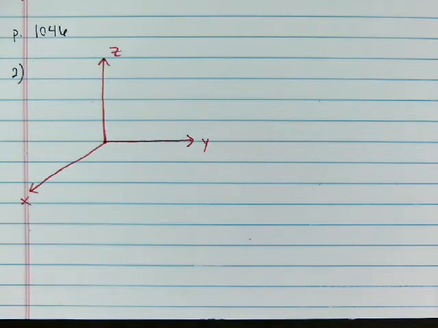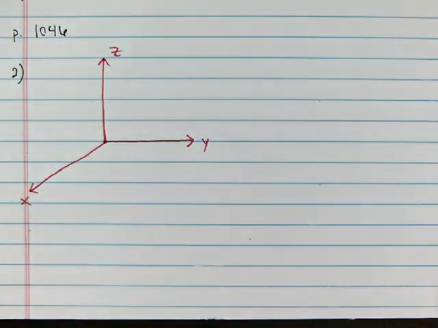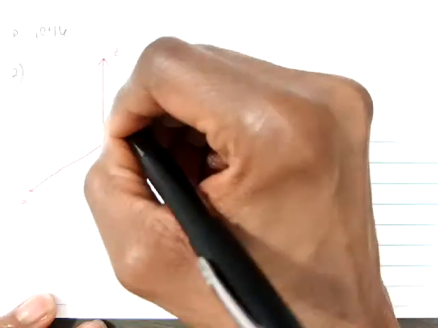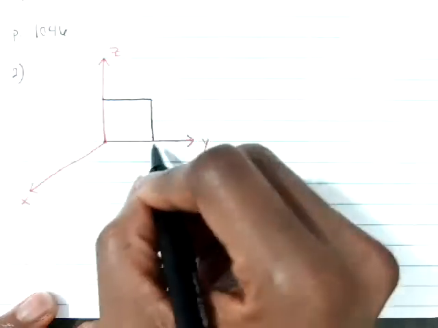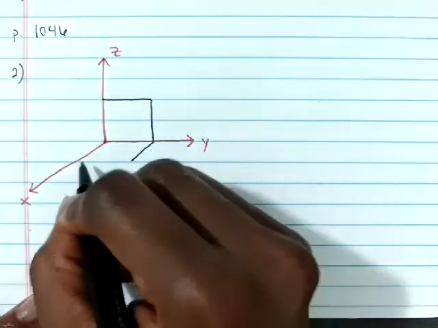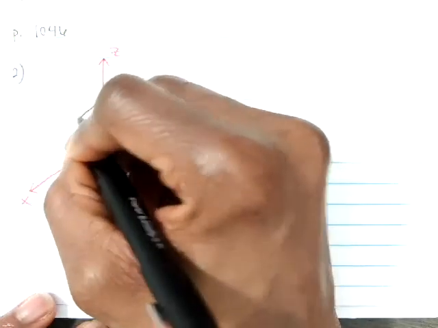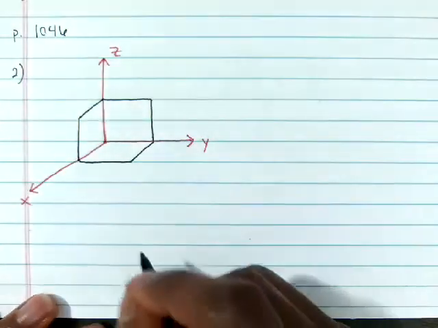So they give us 3 faces of a cube, and the faces are in the coordinate planes. So we have one face in the YZ plane, one face in the XY plane, and another face in the XZ plane.